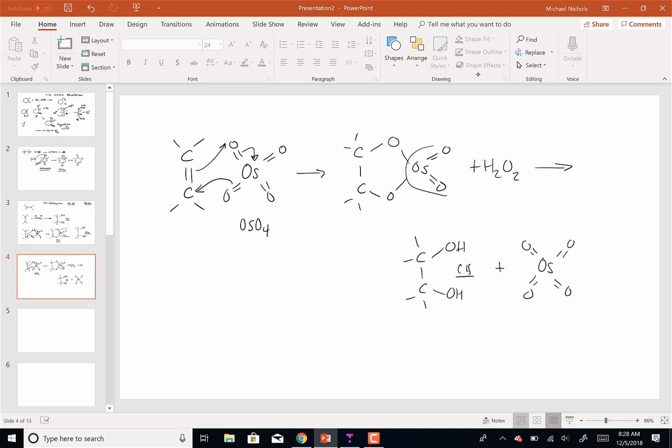Okay. So that's basically cis-hydroxylation. So if I was to do this reaction, so if I said, what's the major product of this reaction?